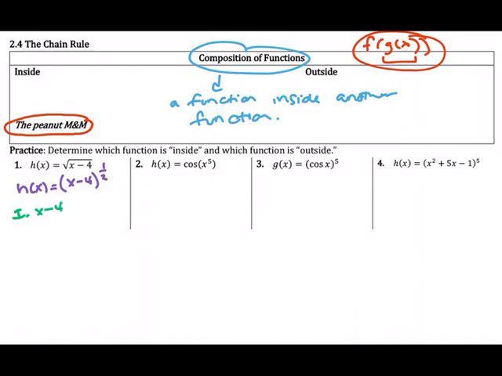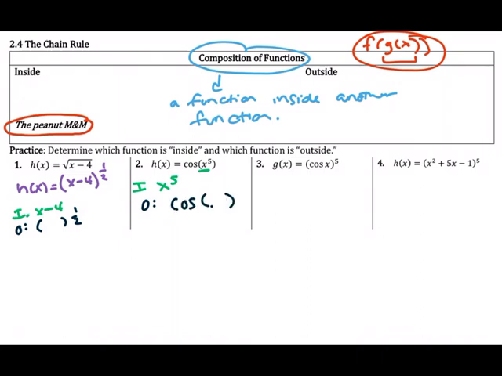The outside function, the chocolate part of the M&M, is something to the power of 1/2. So let's look at number two. The inside function is x to the 5th. The outside function is cosine of something.